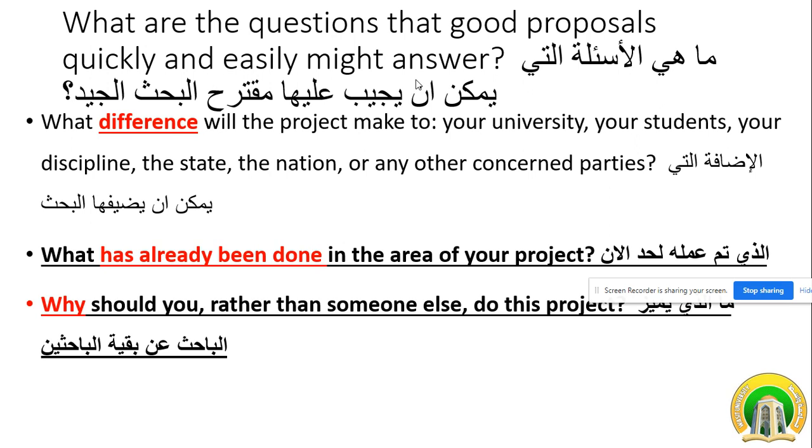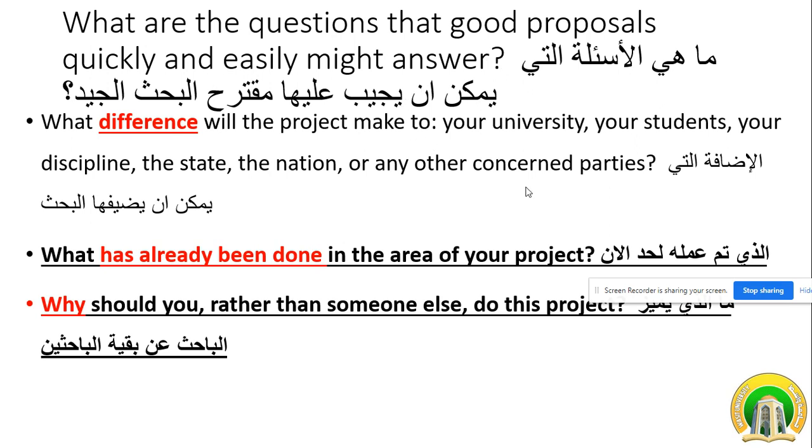And you need to show them what has already been done in the topic that you're working on. It is some hierarchical classification of your project proposal or the area that you work on. So it's simply literature review.